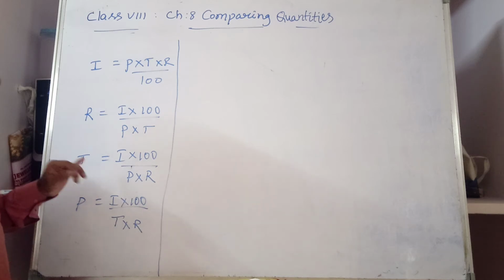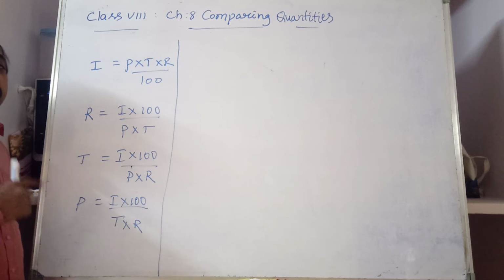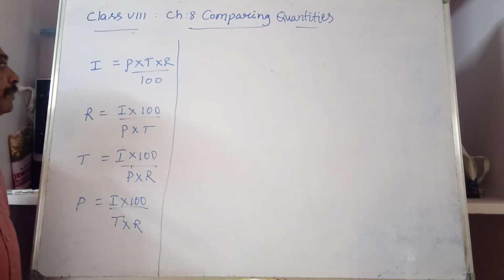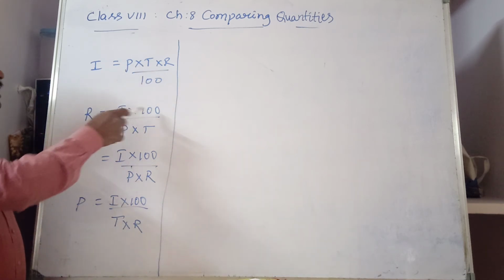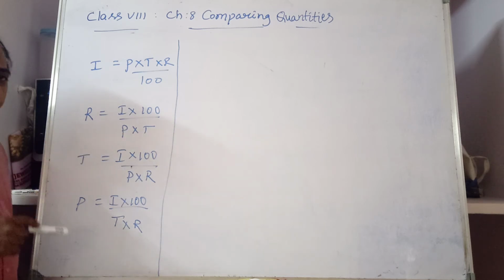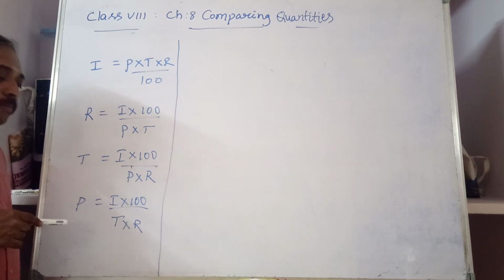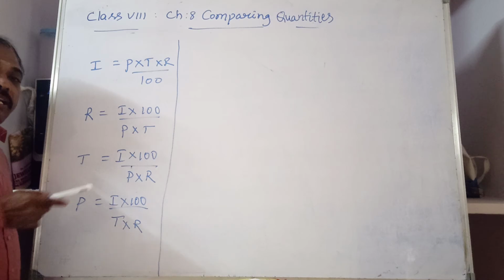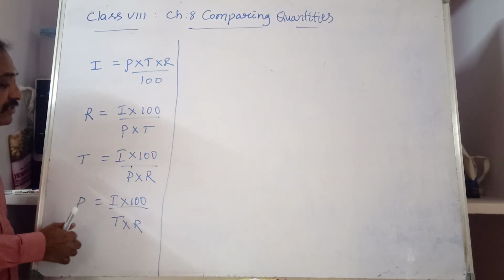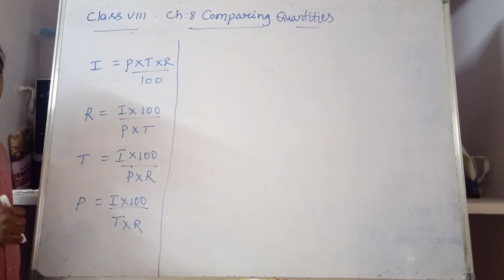Sometimes they ask you to find the time period, and sometimes they give interest, time period and rate of interest, and ask for the principal amount, that is P. So I is equal to P into T into R by 100, R is equal to I into 100 by P into T, principal into time period, T is equal to I into 100 by P into R. When you want to calculate principal, P is interest into 100 by T into R. These are the formulas which we derived from this.